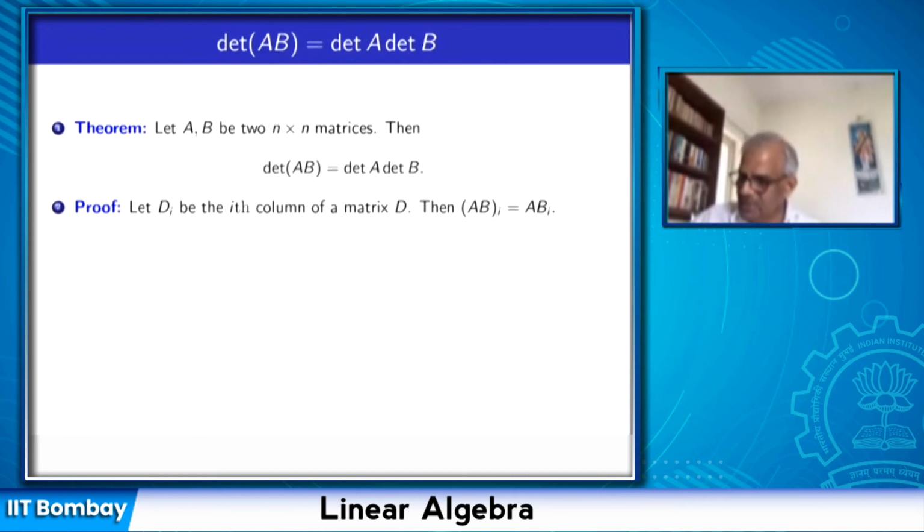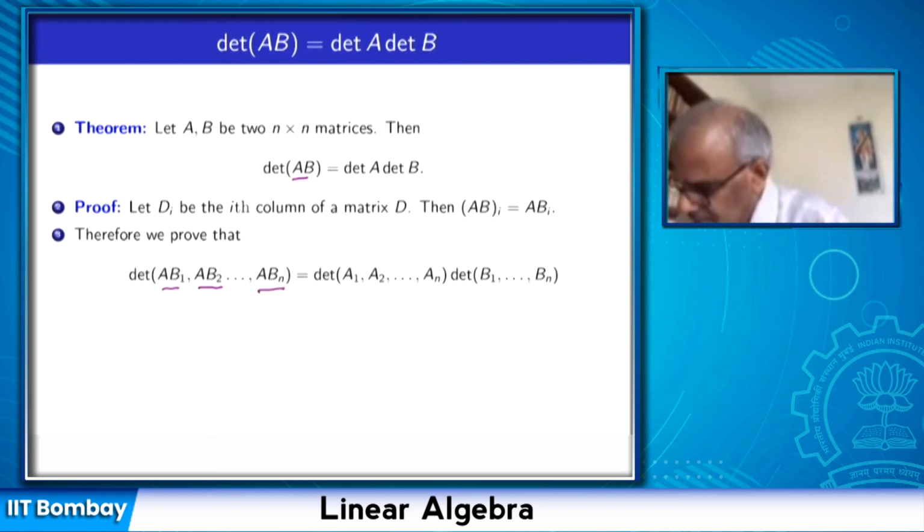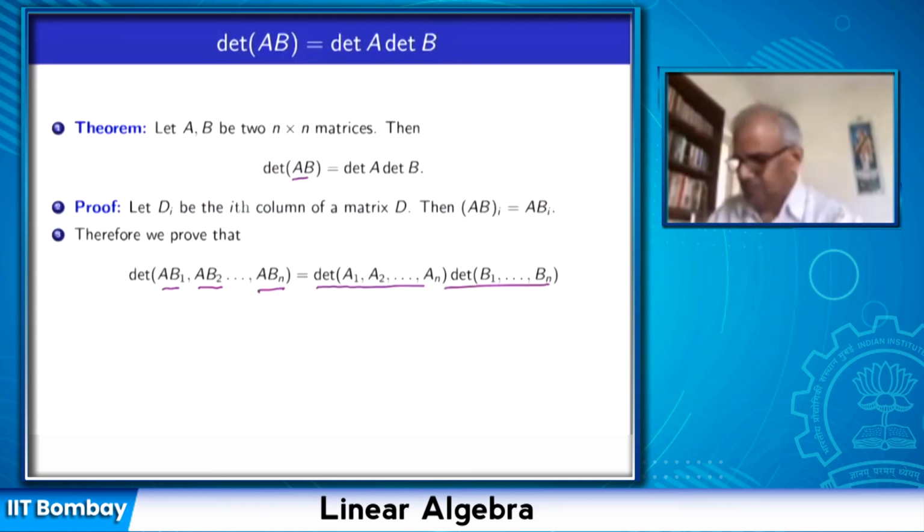Therefore AB is nothing but the matrix whose column vectors are AB1, AB2, ABn. And we want to show that this determinant is determinant of A times determinant of B.